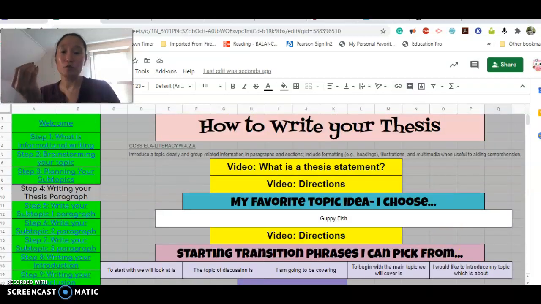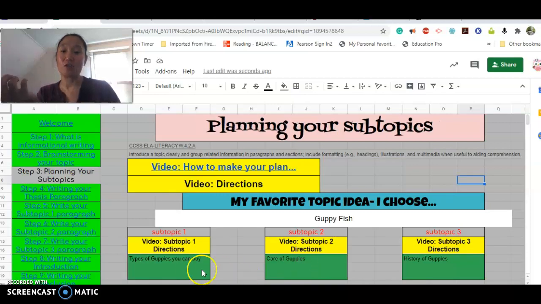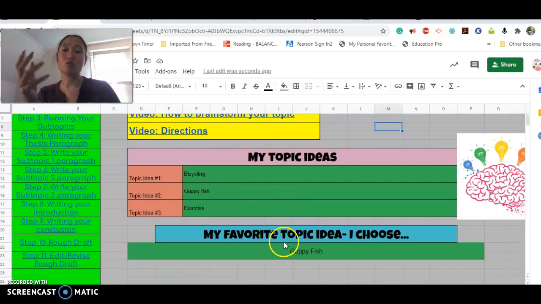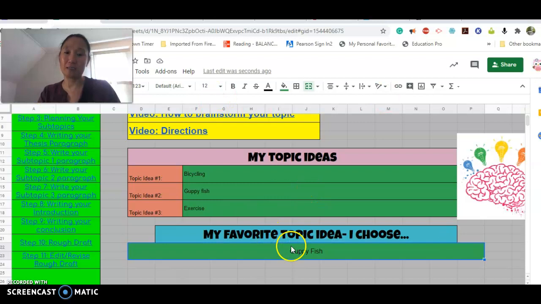So I'm helping you do some of the hard work by having you, and again, you can change any one of these dark green boxes. That's perfectly fine. But don't change this white box up here, because if you decide at the last minute that, hey, I don't want to do guppies, I want to do dogs, or I want to do bicycling, well, change it here. Go back to your topic ideas and change your favorite topic idea.